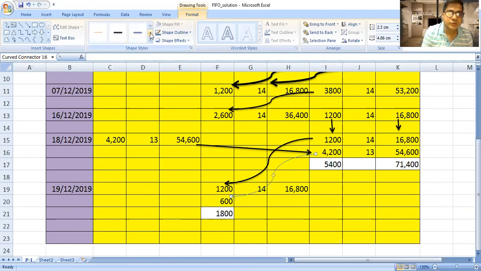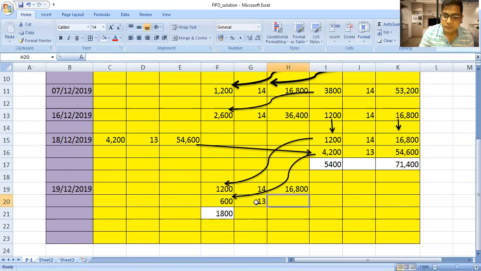From this we will use 600 units, and their rate is 13. So 600 into 13, the value will be 7,800.